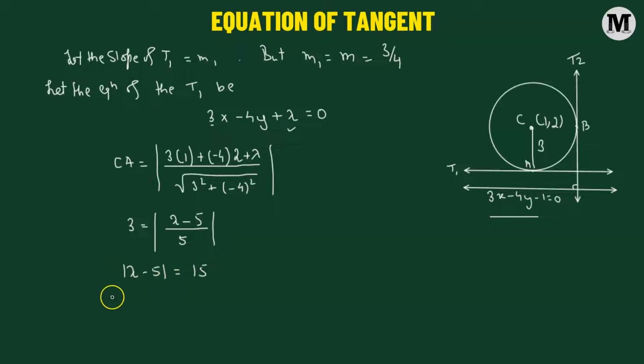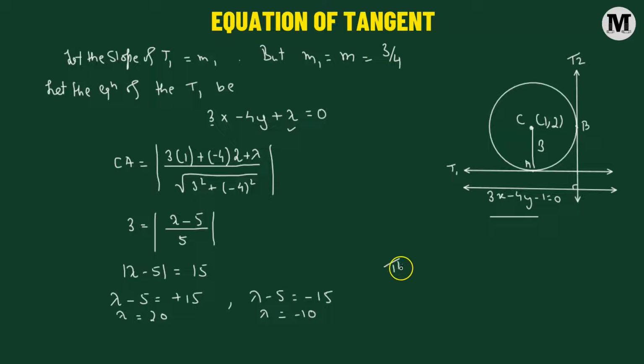This is going to give us lambda minus 5 equals positive 15, or the other possibility will be lambda minus 5 equals negative 15, which implies that lambda will be equal to 20 or lambda will be equal to negative 10. So we have the equation of the tangent.